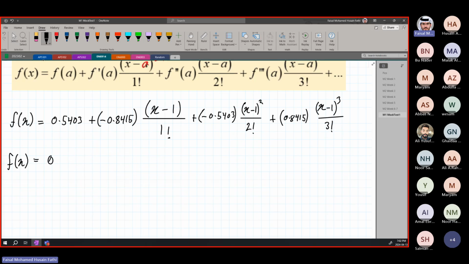So this is 0.5403. Here, this is minus 0.8415 divided by 1 factorial, which is just 1 in this case, so we don't have to do anything with the calculator. It's just going to be minus 0.8415 into x minus 1. No need to distribute. Don't worry about distribution.